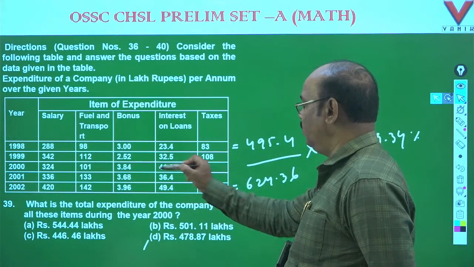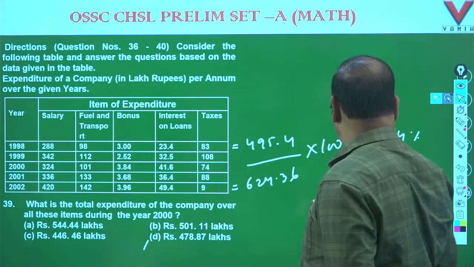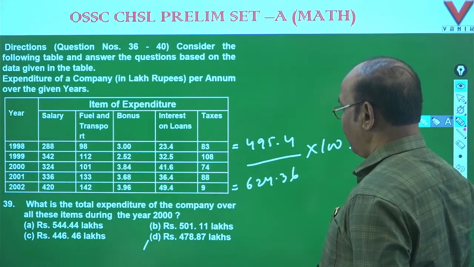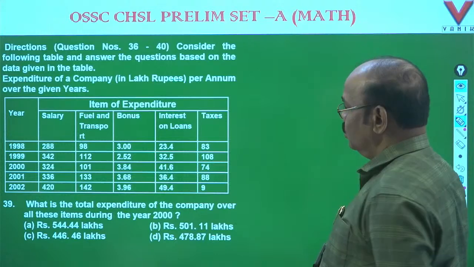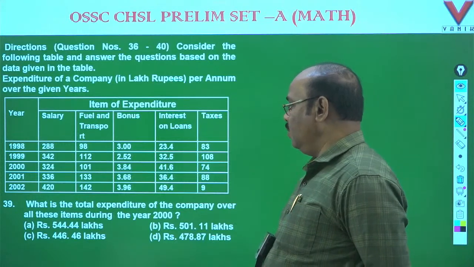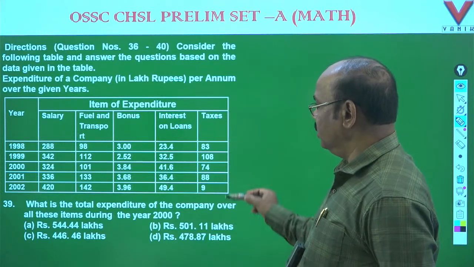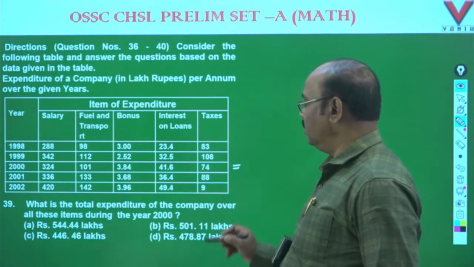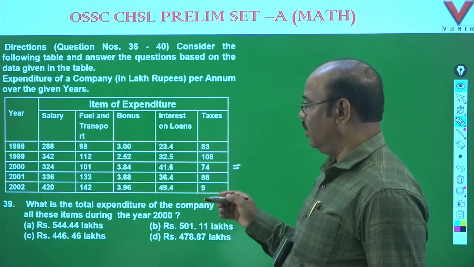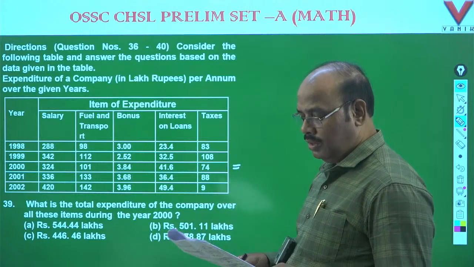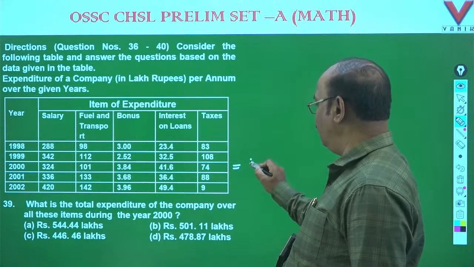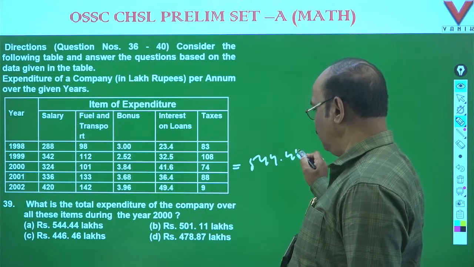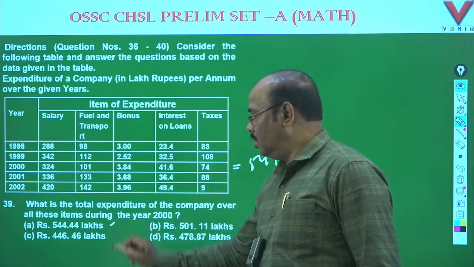Sum all of them: 324 plus 101 and so on, and we get the answer 544.44. The option is option A.